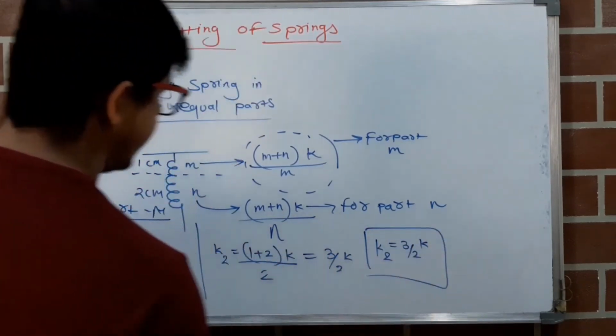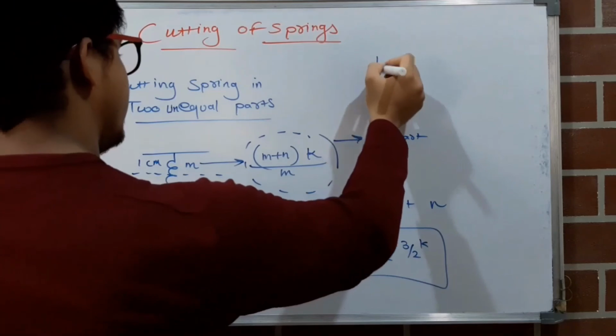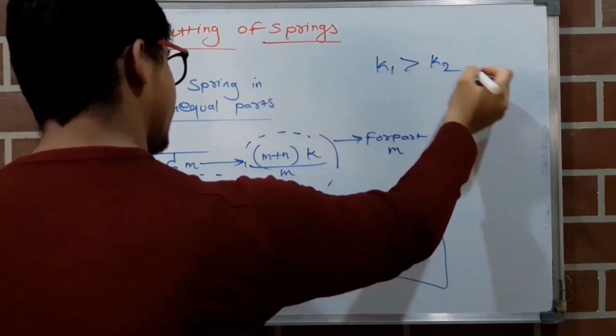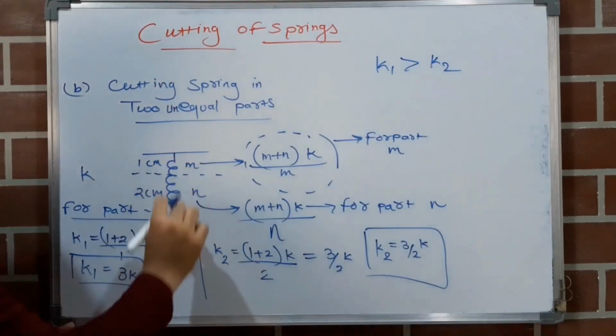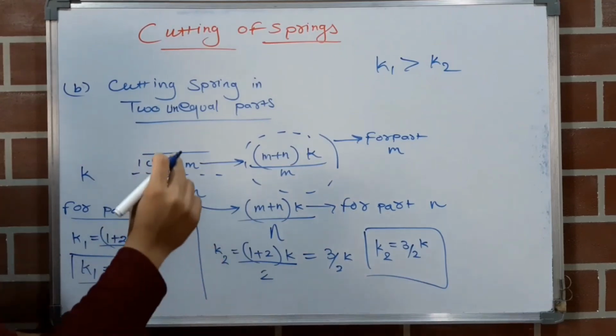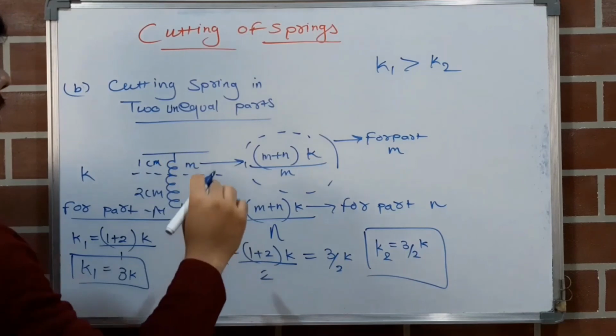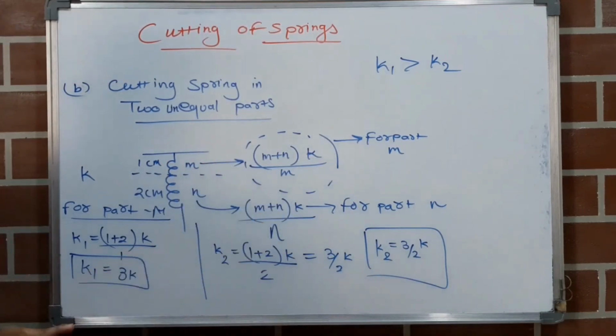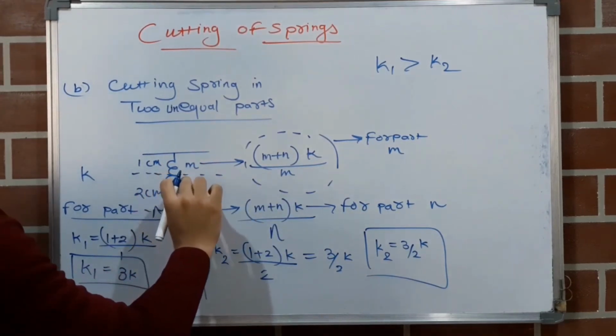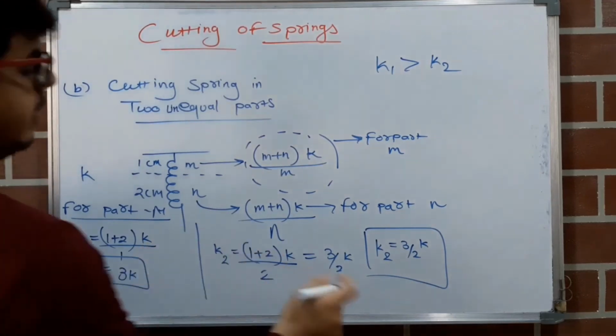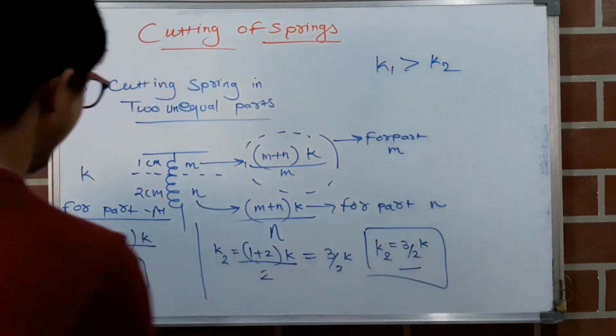So we can observe that K1 is greater than K2. That is, the part of the spring which is smaller has the greater stiffness. Okay, whichever part of the spring is small, its stiffness will be more. Or we can say that the 2 centimeter part of the spring has less stiffness as compared to the 1 centimeter part.